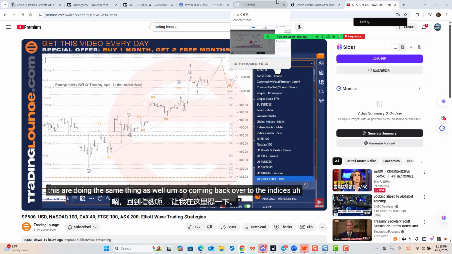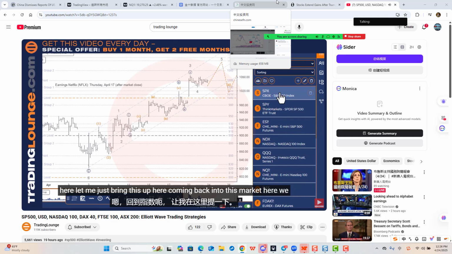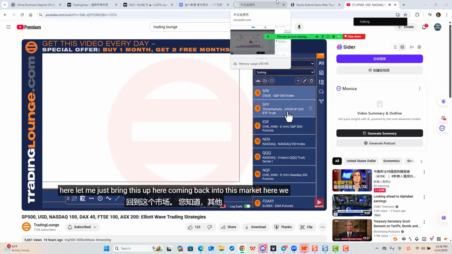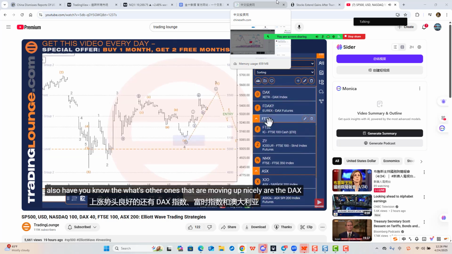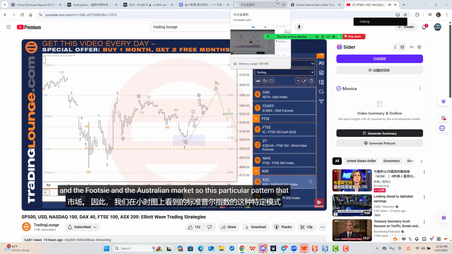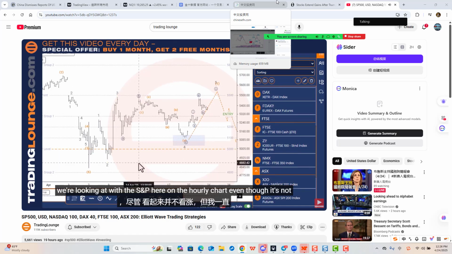So coming back over to the indices here, other ones that are moving up nicely are the DAX and the FTSE and the Australian market. So this particular pattern that we're looking at with the S&P here on the hourly chart, even though it's not bullish looking, I've always pointed it out that it should reshape itself into a bullish pattern in line with the rest of the stocks.